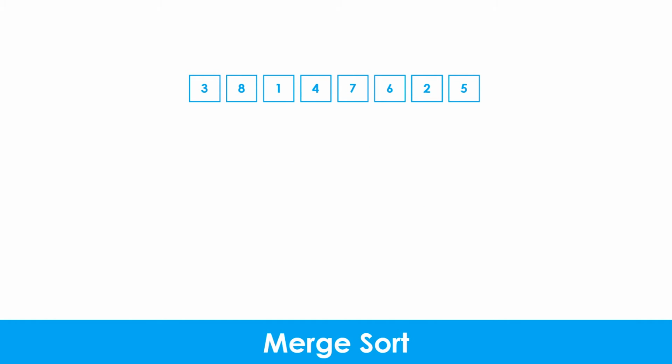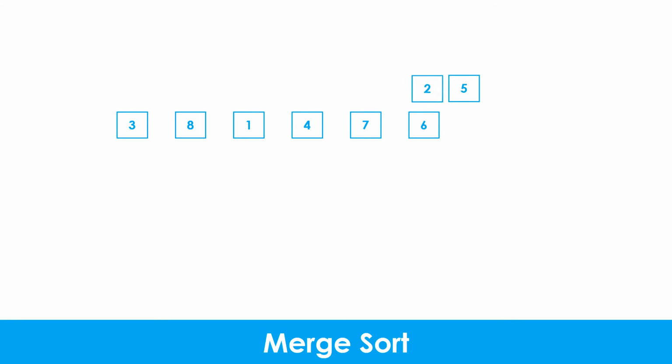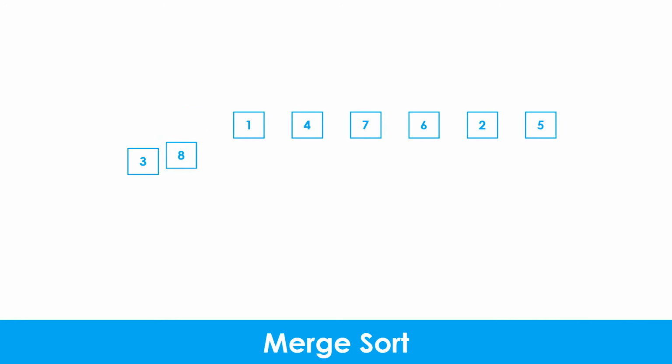The merge sort algorithm works by splitting a list into individual elements and then gradually merging them into larger and larger lists until they are all in one large sorted list. We start by splitting them into individual elements. We then merge them into pairs of elements that are in order.